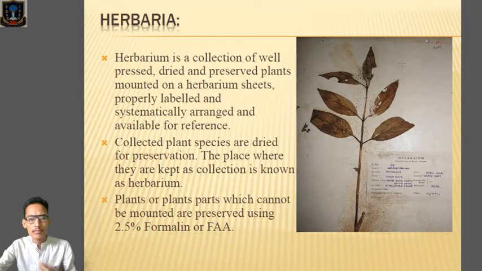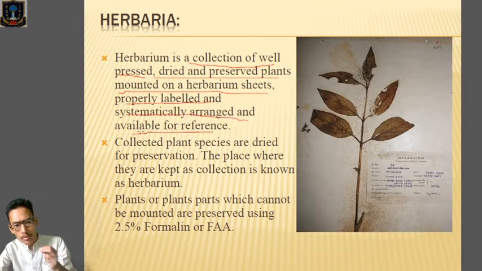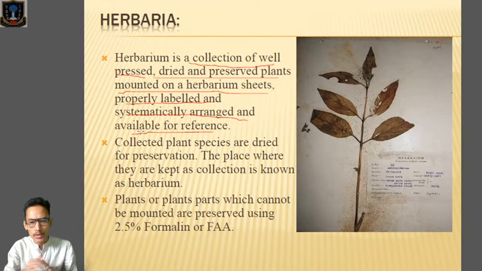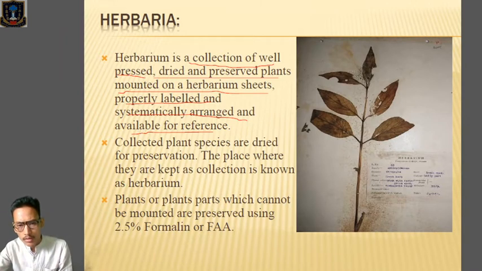Herbarium is a collection of well pressed, dried and preserved plants mounted on herbarium sheets, properly labeled and systematically arranged and available for reference. So what do you mean by this? You can see in the figure, this is a herbarium sheet.